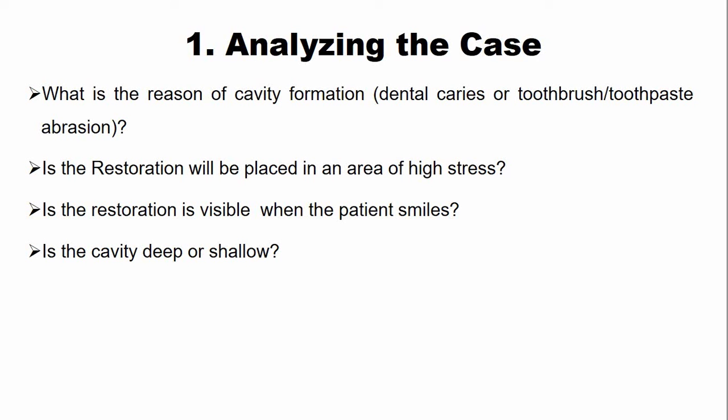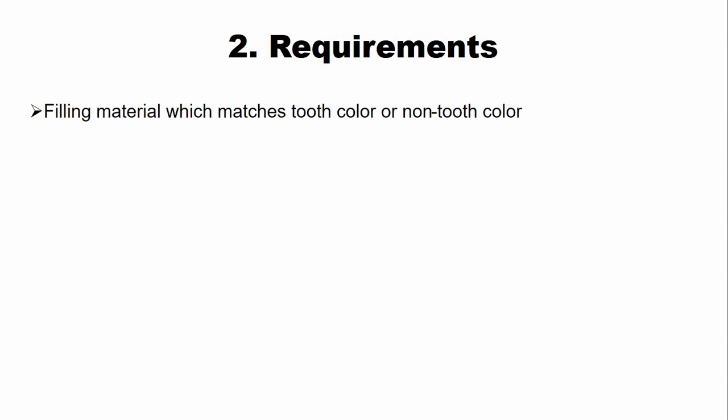Now, these are a few pointers in the analysis of the case. Now, what are the requirements as a second step? Do you require a filling material which matches the tooth color, or is a non-tooth color material fine?